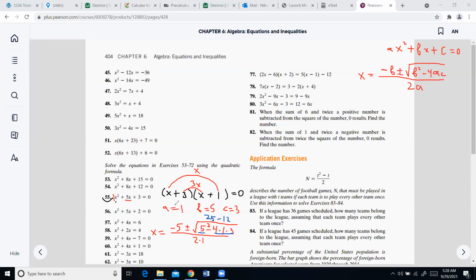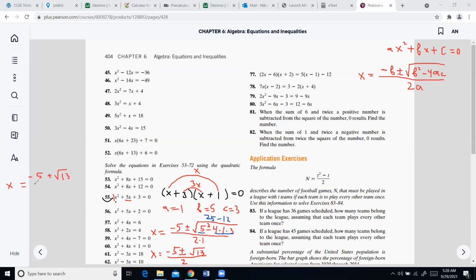So this is going to look like -5 plus or minus the square root of 25 minus 12, which is 13, and this is divided by 2. Let's see, what a mess. What does that mean? Well, it means we have 2 answers. The first of them will be -5 plus the square root of 13, divided by 2.